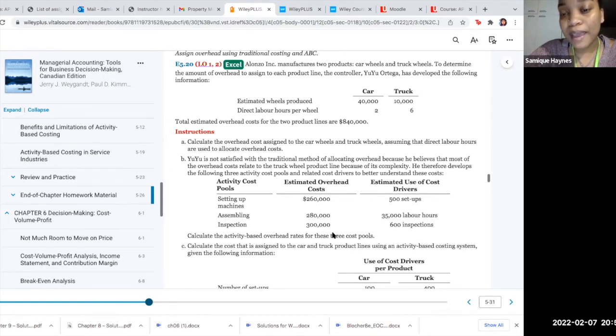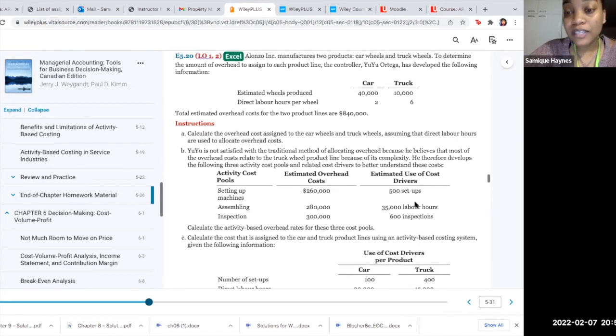And for the inspection cost pool, it's $300,000. Then he gives us the cost drivers. He says, setting up machines is driven by setups, okay? Assembling is driven by the labor hours. And the inspection activity is driven by the number of inspections.